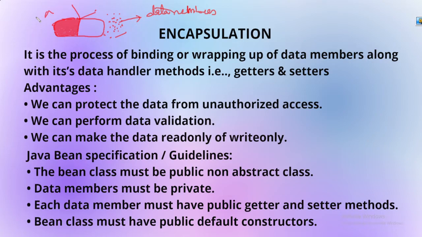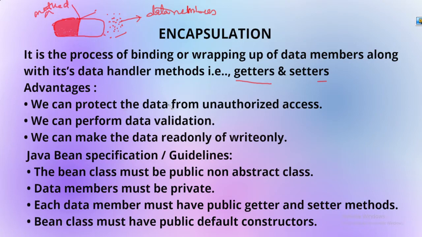So what is encapsulation? It is a process of binding the data members along with the data handler methods, that is the getter and the setter method. Here you are going to learn two important concepts, called the getter and the setter method. So let us see the advantages first.